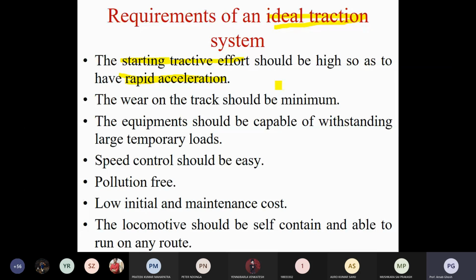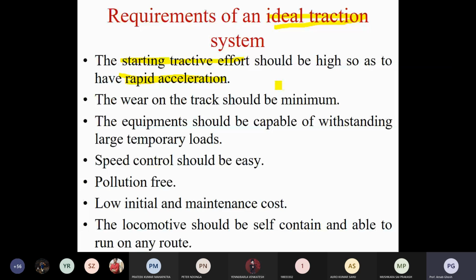Thank you. So the pollution-free concept I have already told. Low initial and mechanical maintenance cost: for the mechanical arrangement, you have to put more investment into it. The locomotive should be self-contained and able to run on any route, which is why we are using that locomotive.